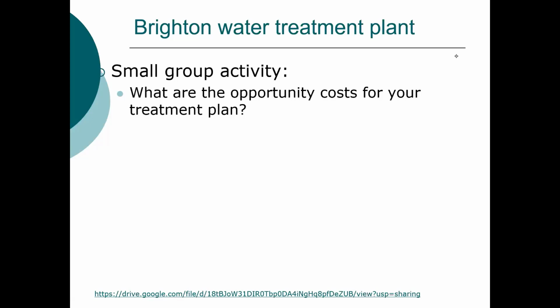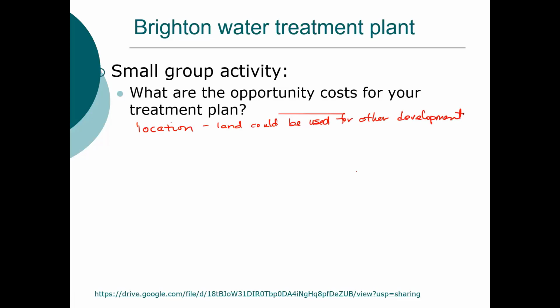Well, we were thinking about location. So if you were to build a water treatment plant, then you wouldn't be able to use that location for some other kind of development, like housing or roads and other stuff like that. Good, exactly. Anything else?